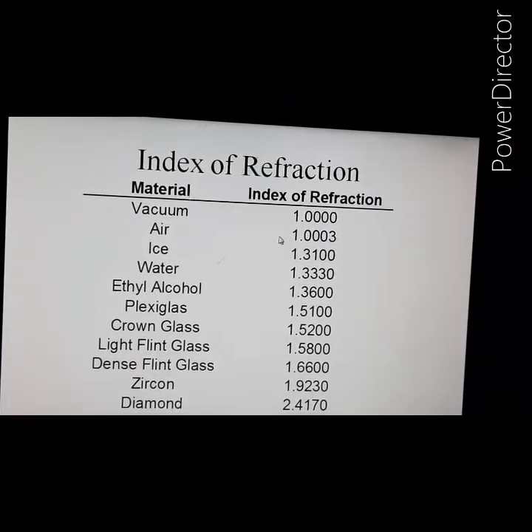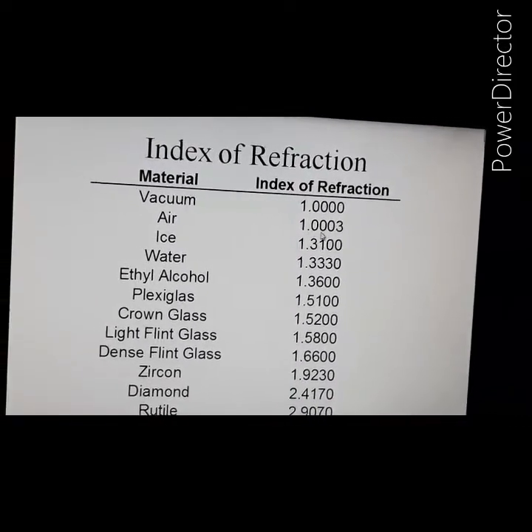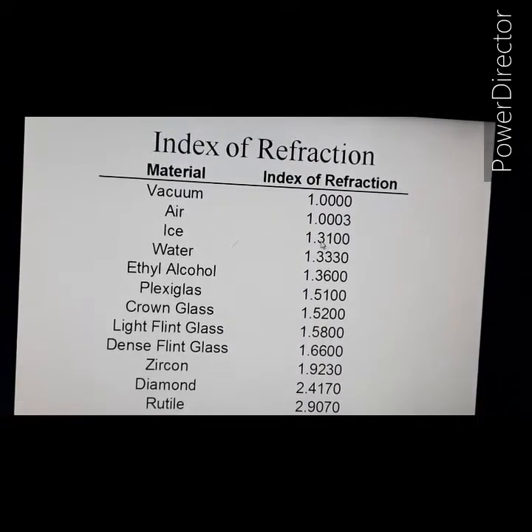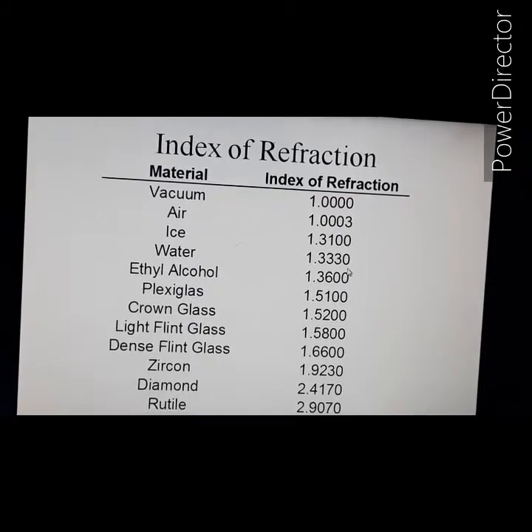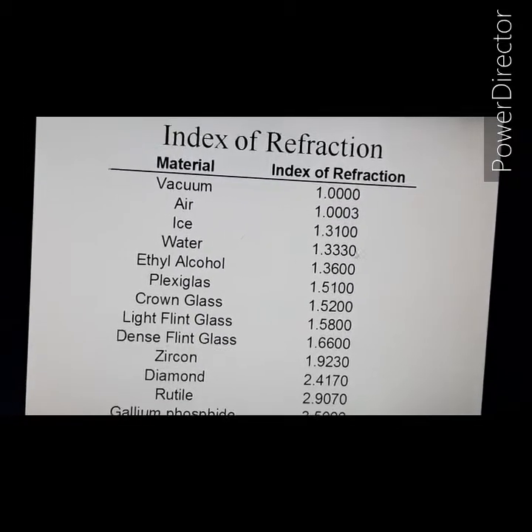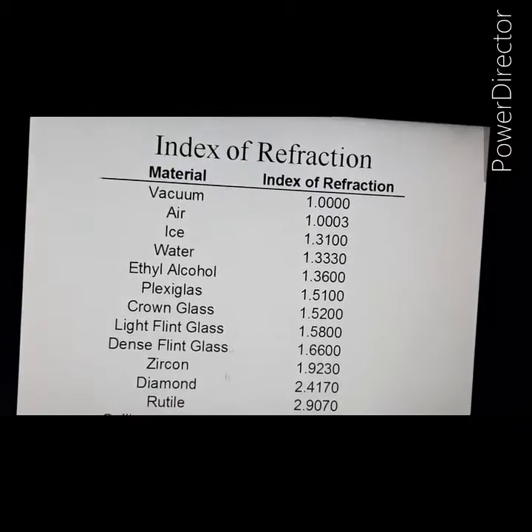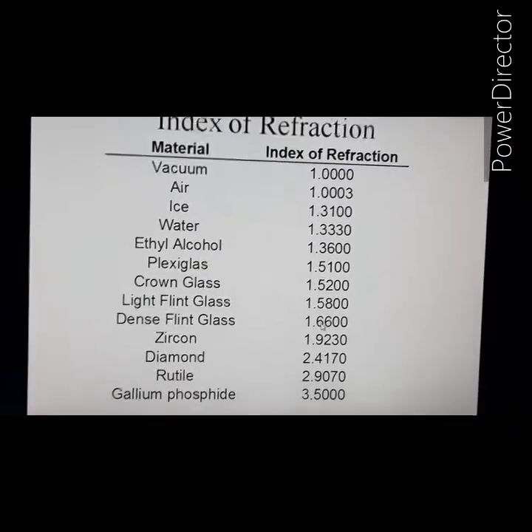Since it is an index, it doesn't have any units. For air it is nearly the same, 1.003. For ice it is 1.310. For water it is 1.33, and we also did a numerical part on this in previous videos. Like that, different transparent materials have different refractive indices.